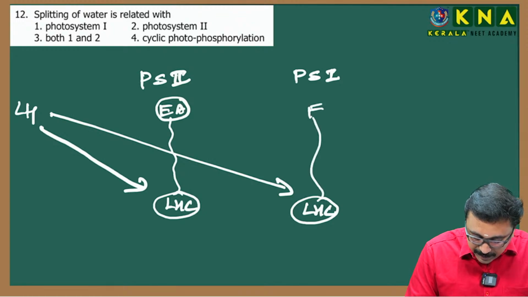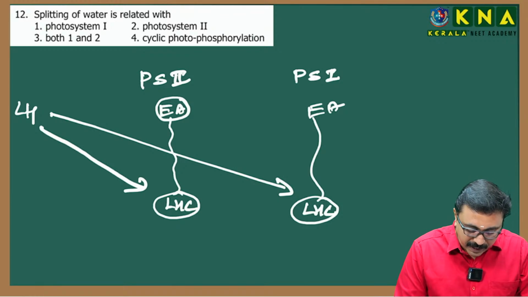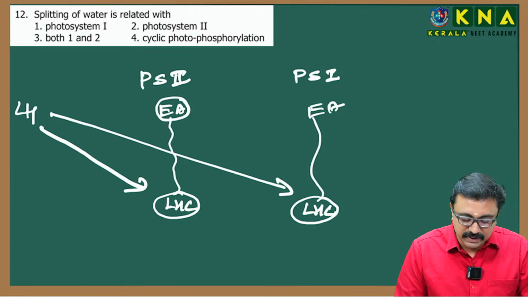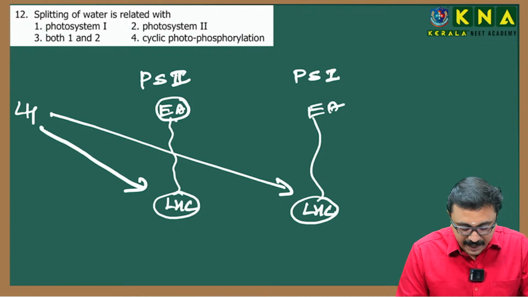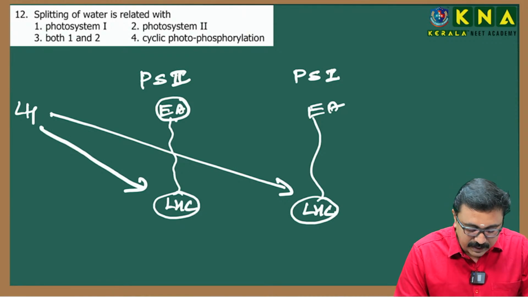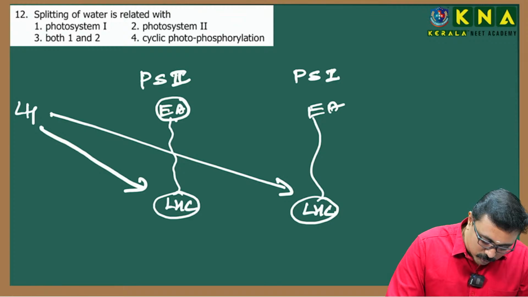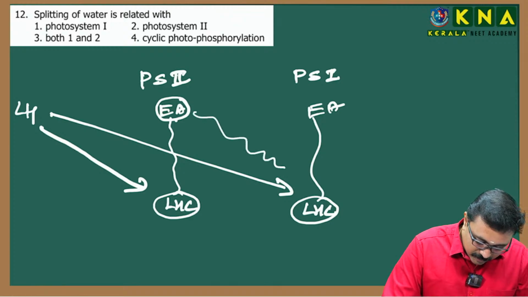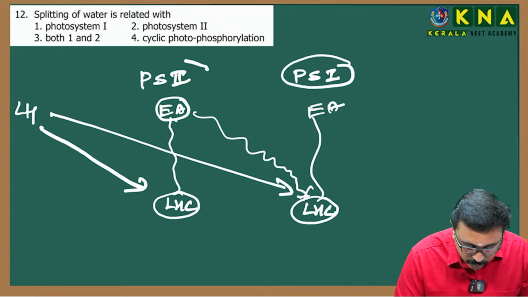From photosystem 2, these excited electrons are accepted by the electron carrier and never return to their original site; they move towards the light harvesting complex of photosystem 1.